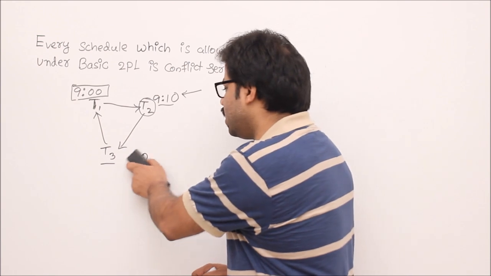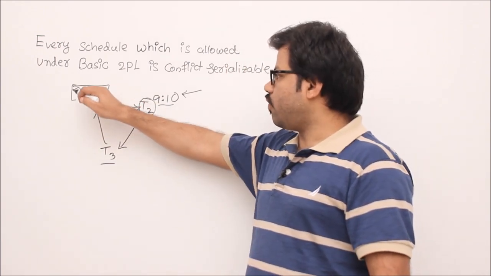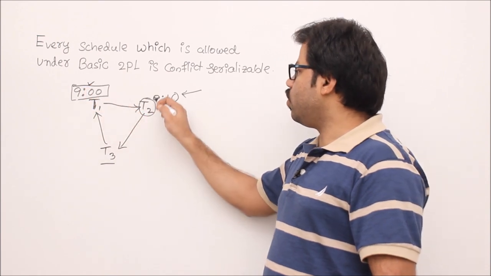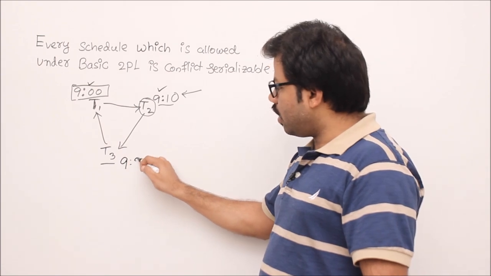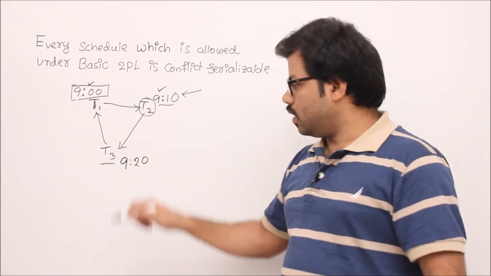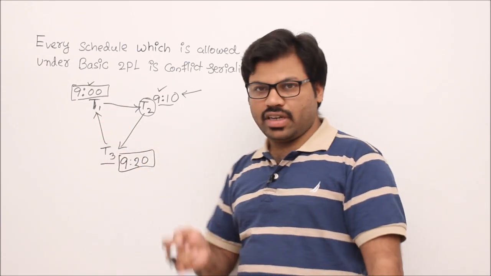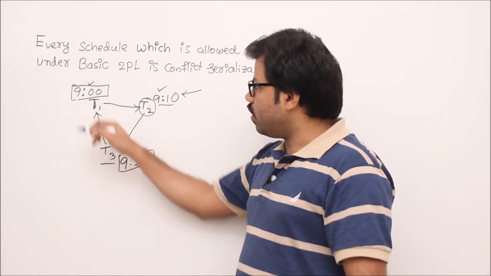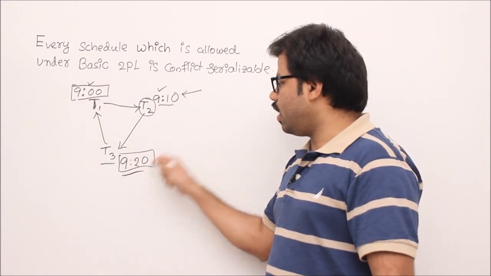Since we are following first unlockings, that is sufficient. So T1 first unlocks at 9 o'clock, T2 at 9:10, and T3, let's say, at 9:20. Then there is a relation between T3 and T1. What is that? T3 has a variable which has to be given to T1, right? So T3 is holding locks, with first unlocking at 9:20.